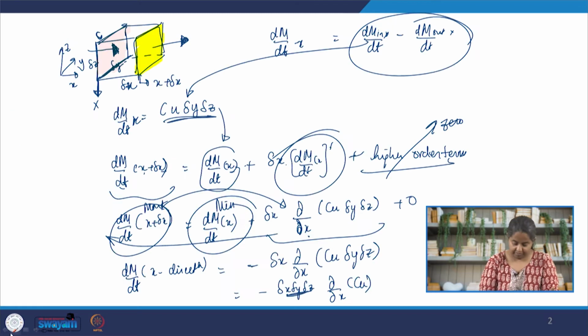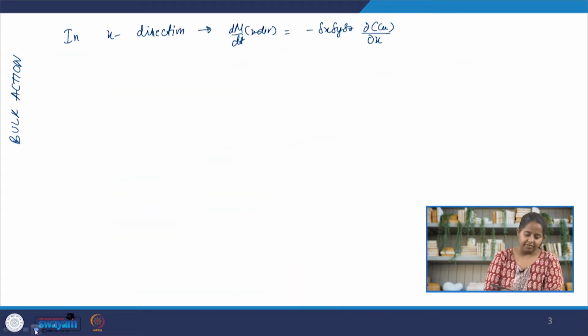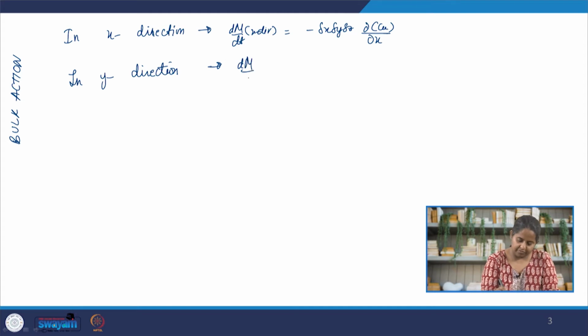Let me confirm, there we go. Now similarly in y direction, is going to be del x del y del z. Notice that this remains same.